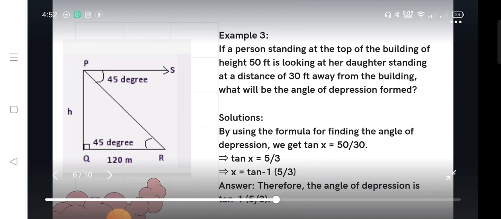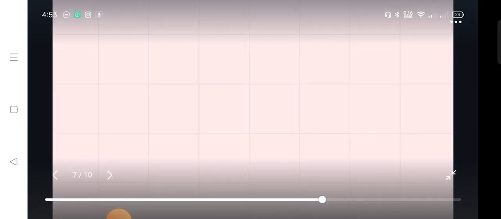So tan x is equal to 5 over 3. And then next, x is equal to tan negative 1 of 5 over 3.